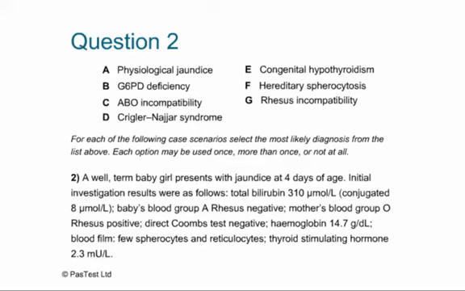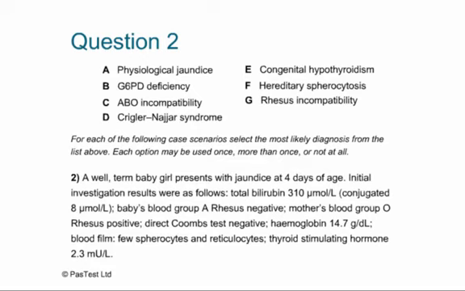Her mother's blood group is O rhesus positive. The direct Coombs test is negative. The hemoglobin is 14.7 grams per deciliter. The blood film shows a few spherocytes and reticulocytes, and the thyroid stimulating hormone is 2.3.